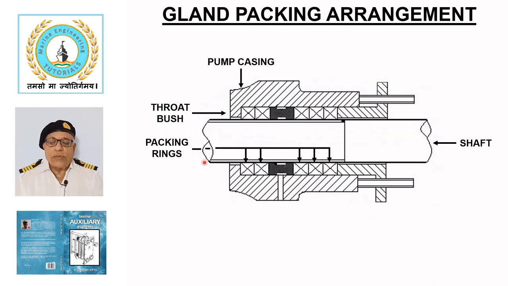Packing rings can cause wear of the shaft due to friction between the two. To prevent the wear of the shaft, usually a renewable sleeve is fitted on the shaft in way of the gland packing. Heat generated by the friction can cause damage to the packing and the shaft sleeve.